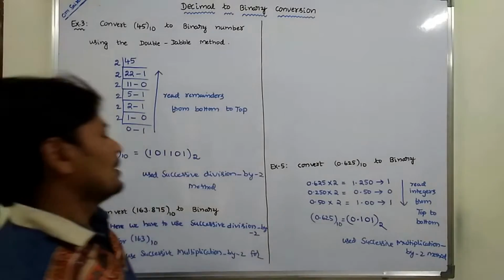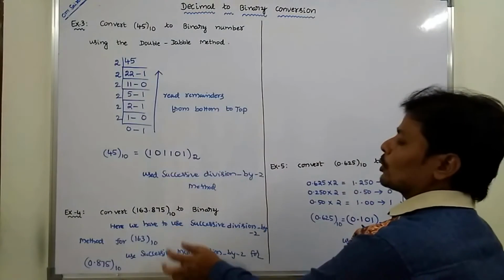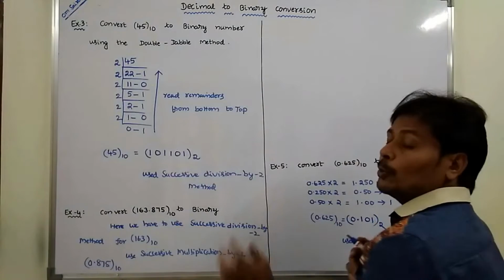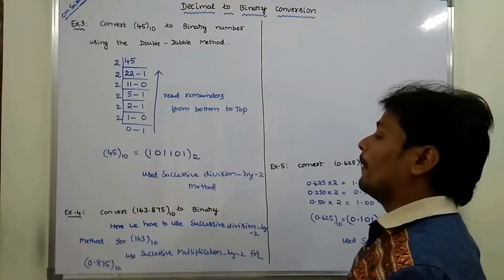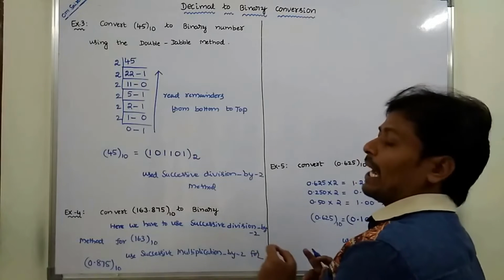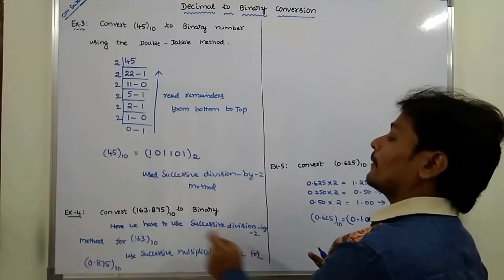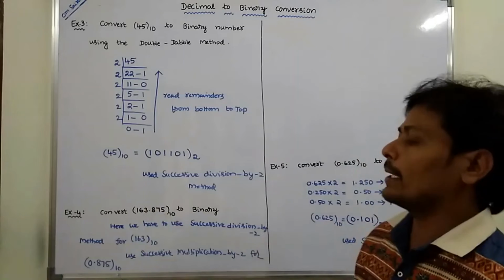After that we combine the results of these two methods to get the original binary number for the given decimal number.